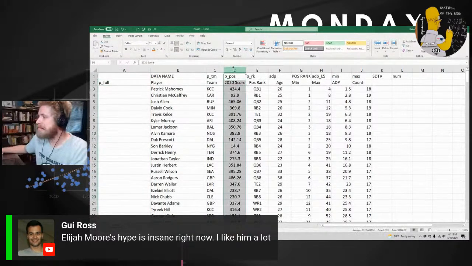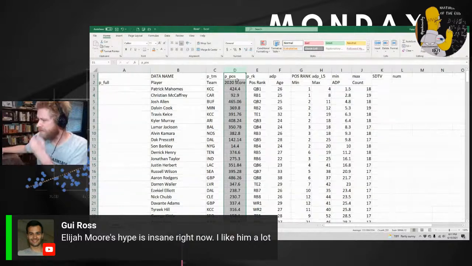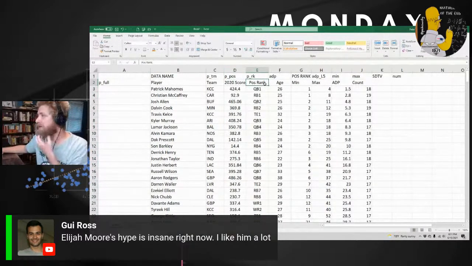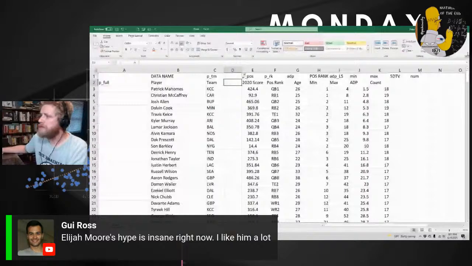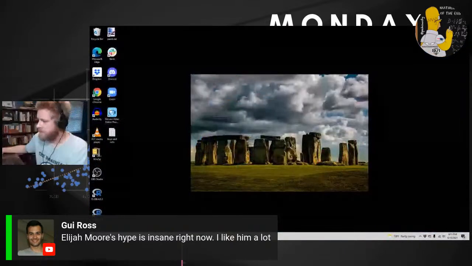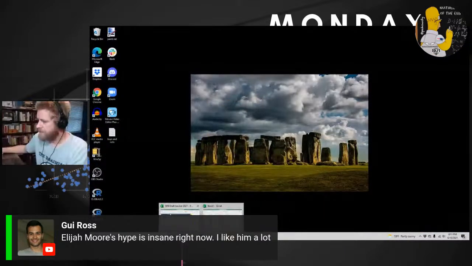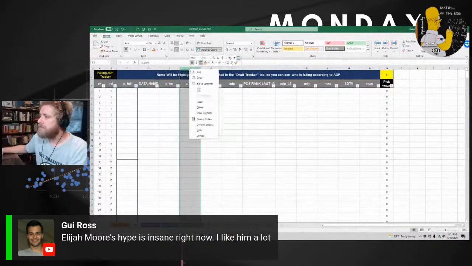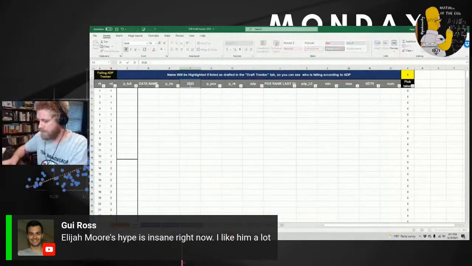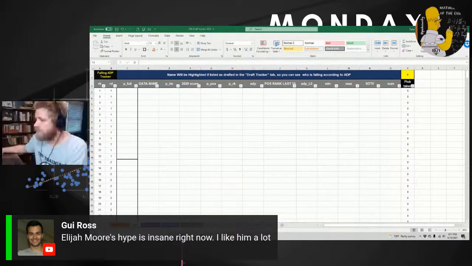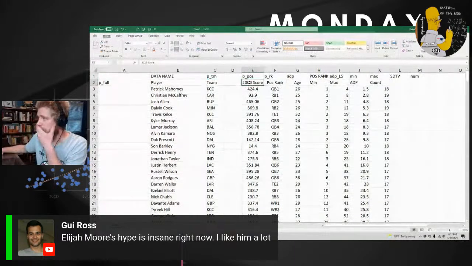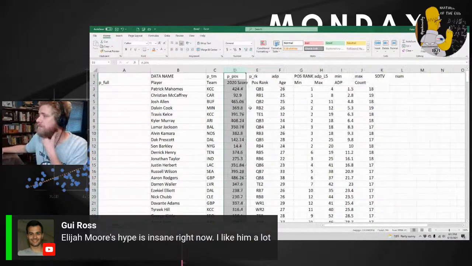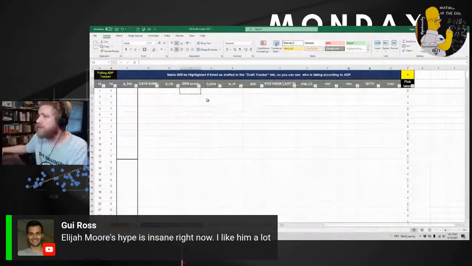Team. Okay, so I think we need that to be an actual number. All right. We're going to need to create a 2020 score section. Then position, rank, and age.